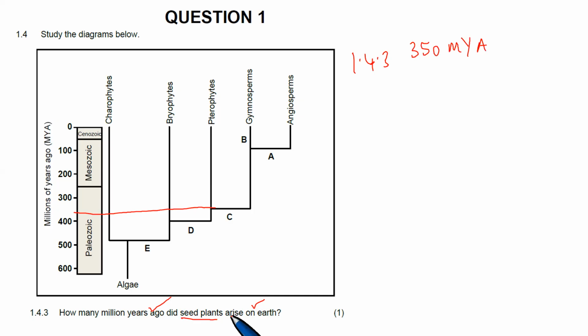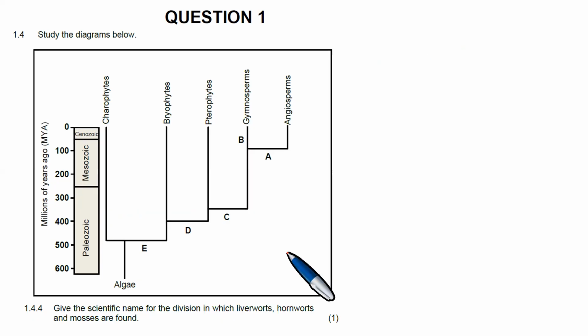Next question. We've seen the diagram already, and we're just answering questions based on the diagram. Give the specific name for the division in which liverworts, hornworts, and mosses are found. You need to give the scientific name.